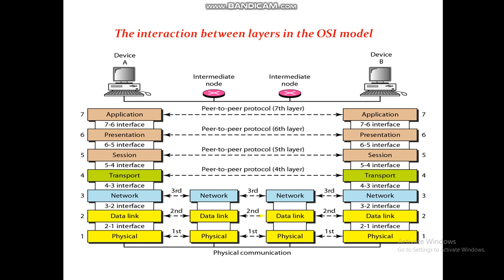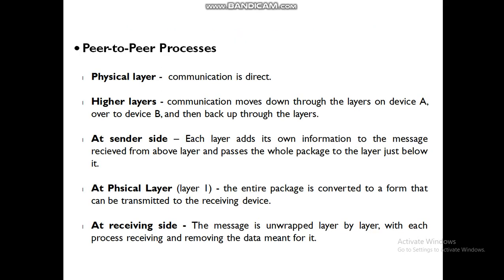Here also there is a device host A and a device host B, and the intermediate nodes are in between the host and the destination, so it may consist of multiple networks. A peer-to-peer process is explained here: the layers at the same level communicate with each other at the sending side and the receiving side. There is nothing much more to explain about peer-to-peer communication.